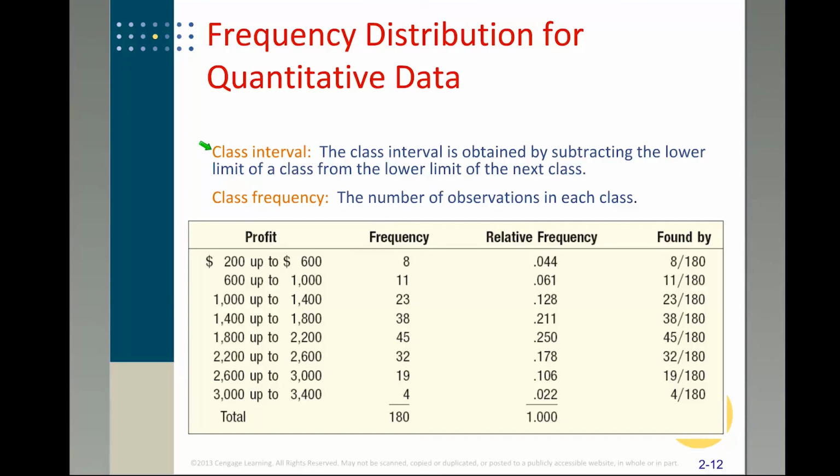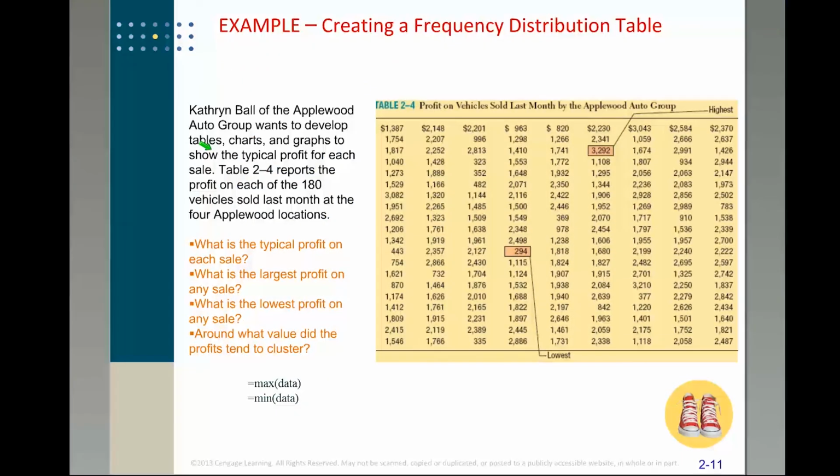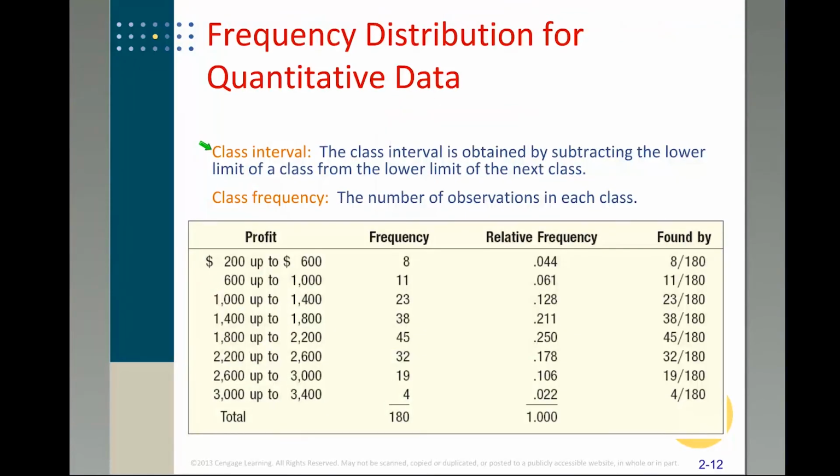That is, if you can recall, we have a maximum of 3,292 and a minimum of 294. So our class intervals should cover these 2 numbers as well as the rest. The other thing we want to make sure is that the class intervals are mutually exclusive. That is, any specific number cannot fall into 2 class intervals.